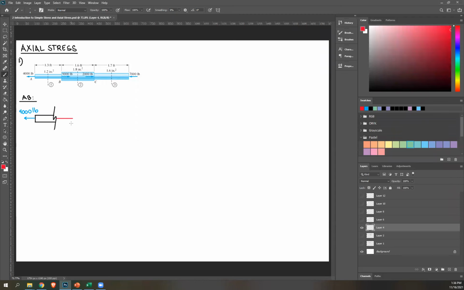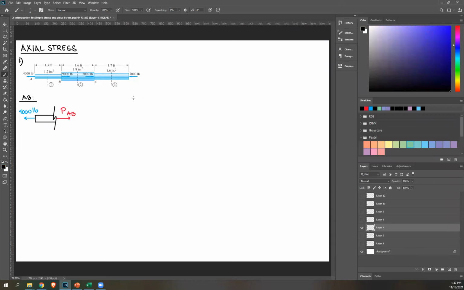Now, similar to your method of sections, you can either randomly guess or make an intelligent assumption of the direction of your internal force. Now remember, all of our systems should be in equilibrium. I have a force to the left. So to balance that out, I need another force to the right. And that is your internal force, and let's call that PAB, the internal force for AB. And that's your free body diagram for segment AB.